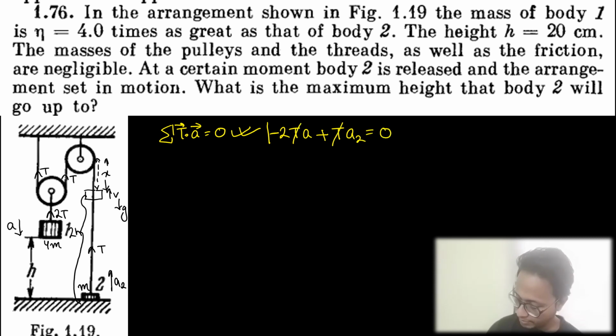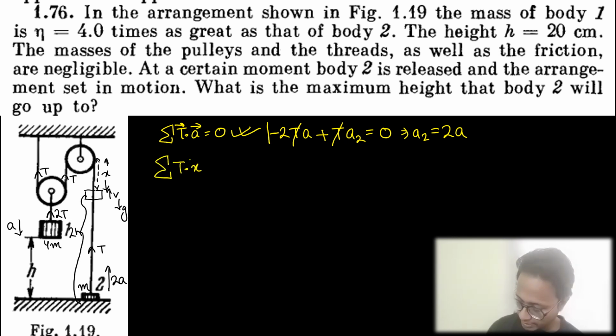If I cancel out the t, a2, the acceleration of block 2, is twice that of block 1. So the acceleration out here would be 2 times the acceleration of this value. So the acceleration out here would be equal to 2a. Understood?